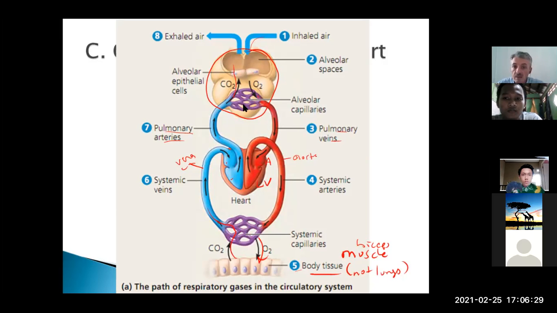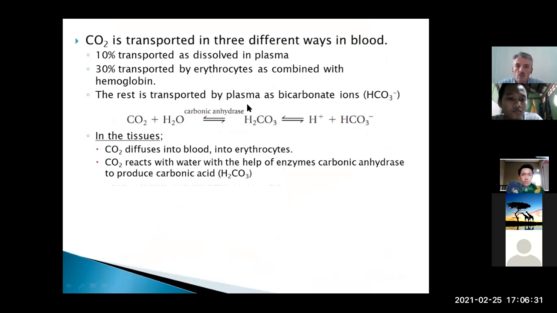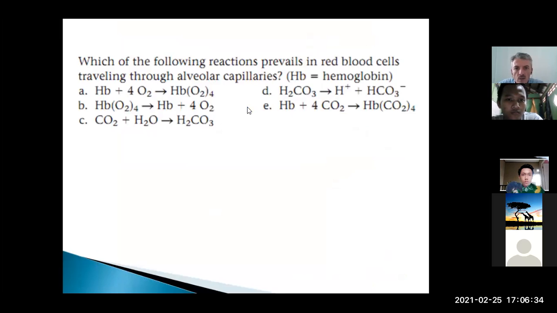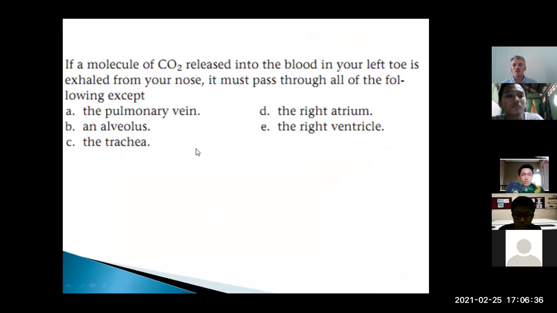There are questions about this, like this one. Let me show you the question. I think it's somewhere here. Let's check this. So CO2 is moving from left toe, from your foot, and until nose, right?